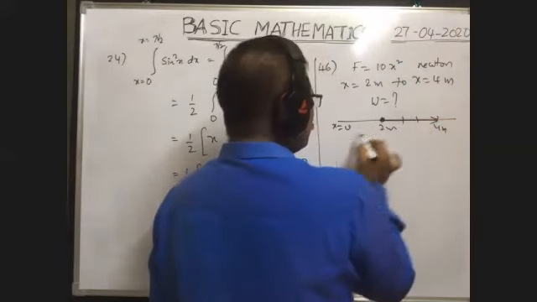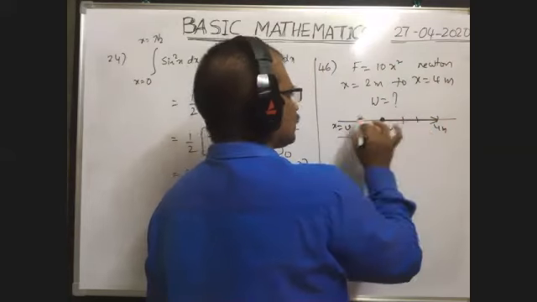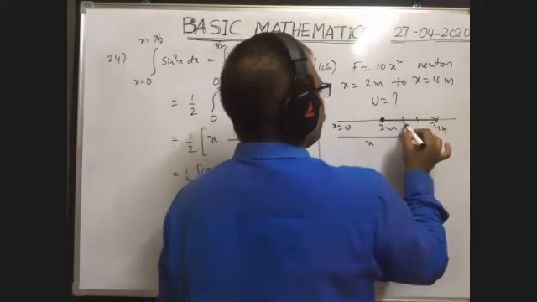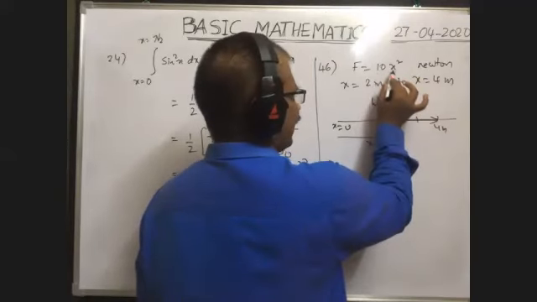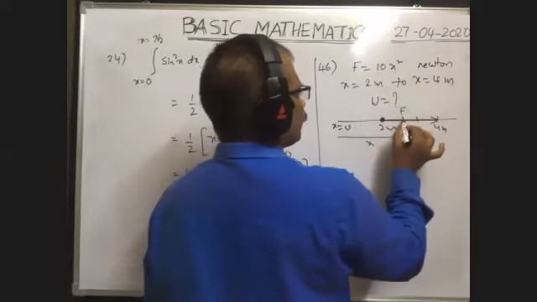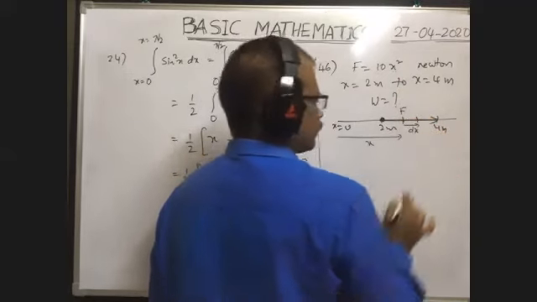Suppose at a distance x from the origin, the force acting on a body is F equal to 10 x square. With this force, the body displaces through a small distance, say dx.